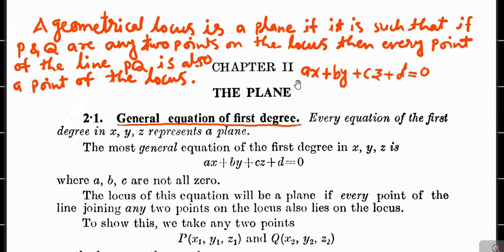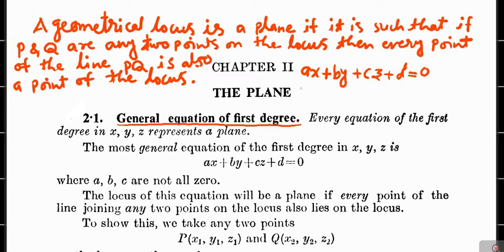This will be a first degree equation in 3 variables, provided that all 3 coefficients a, b, c should not be 0 at the same time, which means that one of these 3 coefficients can be 0, or 2 of them can be 0, but all 3 should not be 0 at the same time, because if all 3 become 0, then obviously this will become a 0 degree equation.